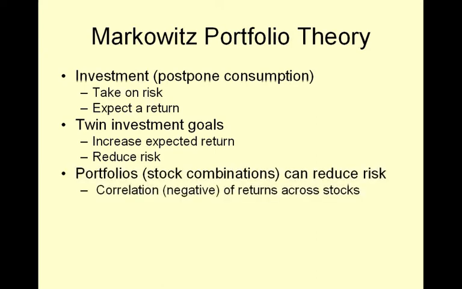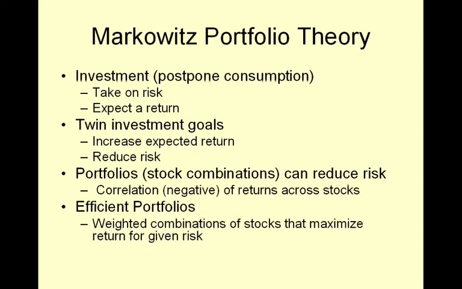According to portfolio theory, combinations of stocks or portfolios can reduce risk because of the negative correlation of returns across various stocks in the portfolio. Efficient portfolios are defined as weighted combinations of stocks that maximize return for a given risk level.